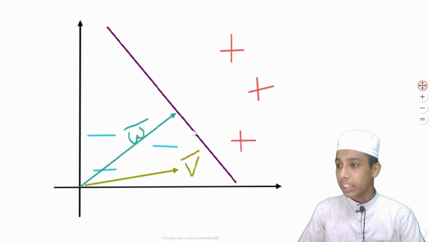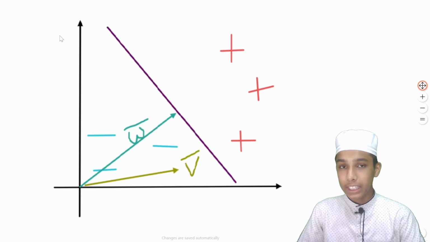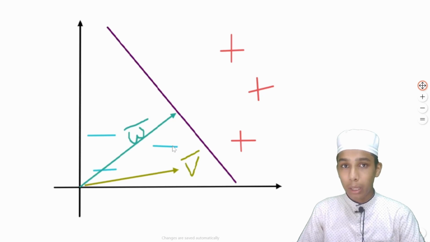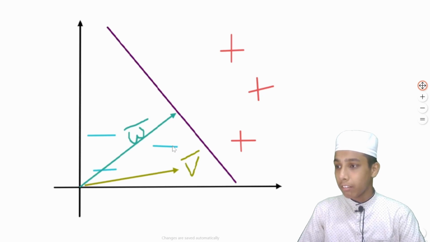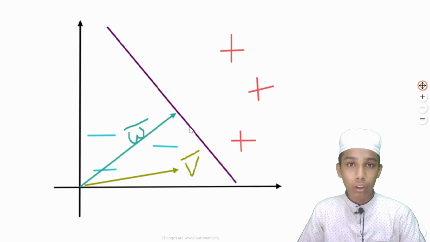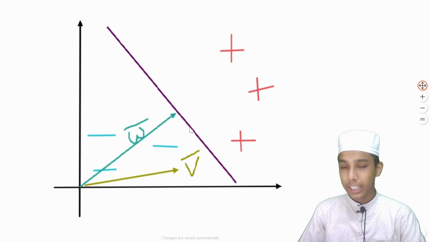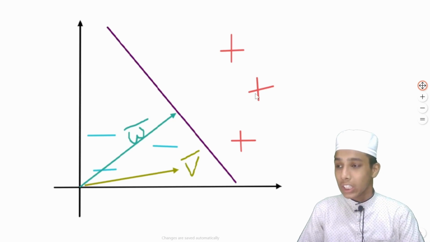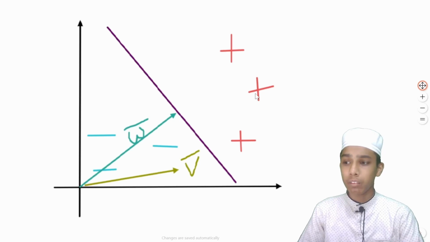If I draw it in this way, the problem is that there will be differences. The distance from this negative symbol to the decision boundary and the distance from here to here will be different, right? This is the problem that we are going to get.